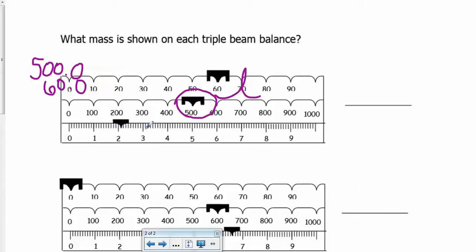Each of these lines in between here is 0.1, so we have 2.1. So now I add everything together. My 6 doesn't want to look like a 6. Let's try to make that look right. So then I end up with 562.1 grams.